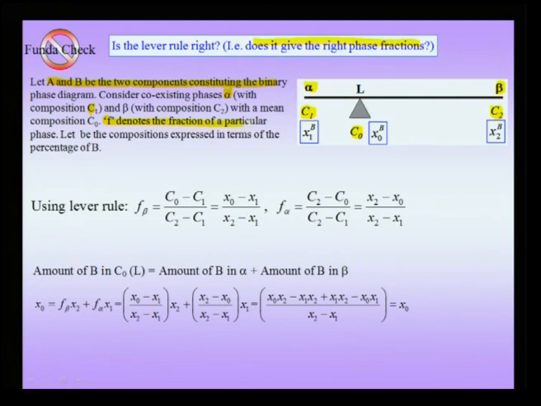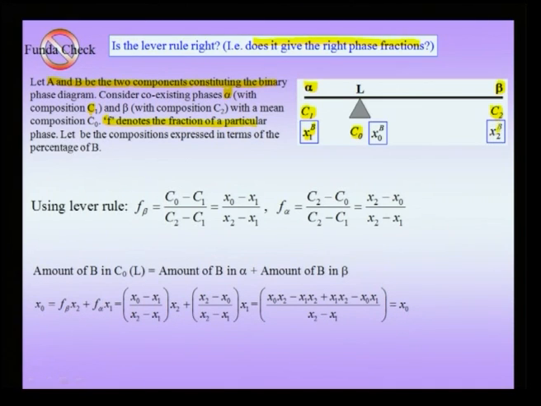Now, f here denotes the fraction of a particular phase, and we are expressing all our compositions in terms of B. That means the composition of alpha can be written as x subscript 1 in terms of B. Of course, you could have called it x subscript alpha in terms of B also, which is equivalent.